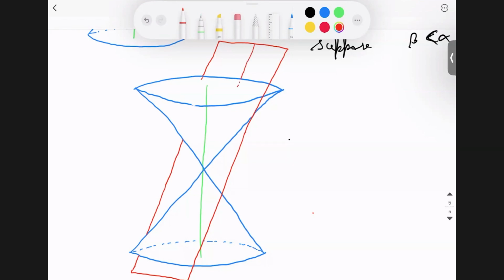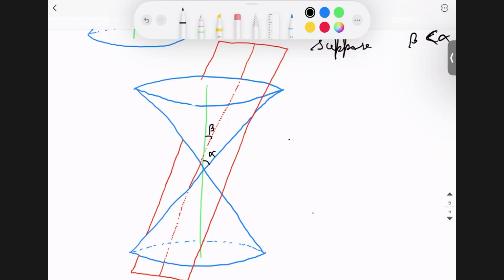And if I dot this line, then clearly see this angle is less than alpha. This angle is obviously less than alpha. This is alpha and beta is less than alpha.